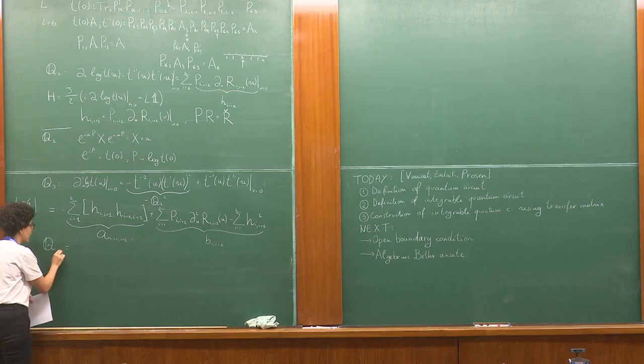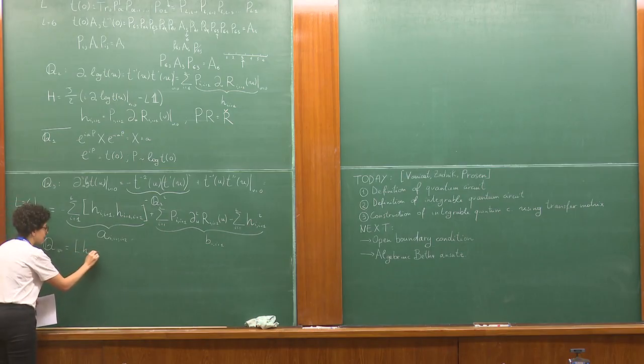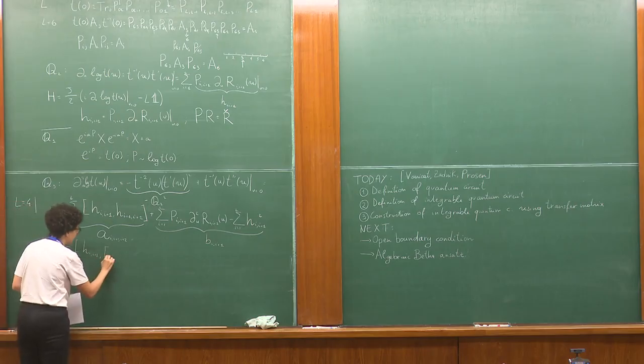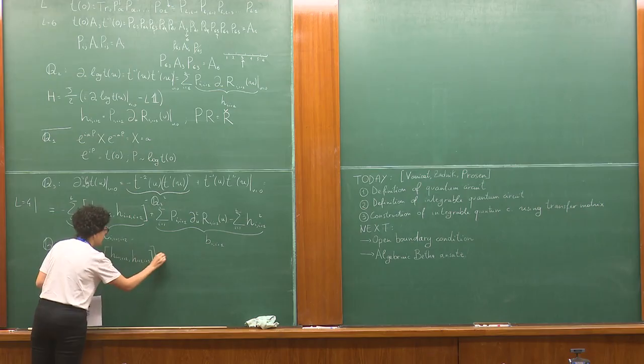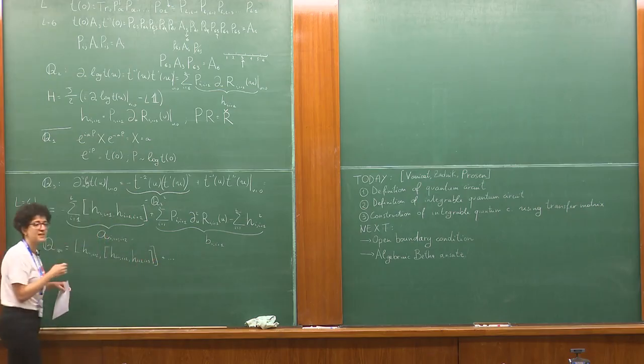So, for example, Q4 will have a term which is I plus 1, then another commutator I plus 1, I plus 2, I plus 2, I plus 3. And then there will be, of course, other stuff, but this other stuff will always have lower range.